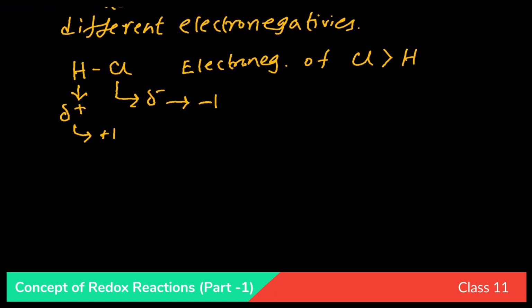Similarly, if I consider another example, that is water, what happens in case of water? In case of water, the oxygen atom will share two of its electron pairs with two different hydrogen atoms. That means oxygen will share one of its electron pairs with one hydrogen atom and another one with another hydrogen atom, and it will form like this. So I can say that oxygen will carry -2 charge, isn't it?